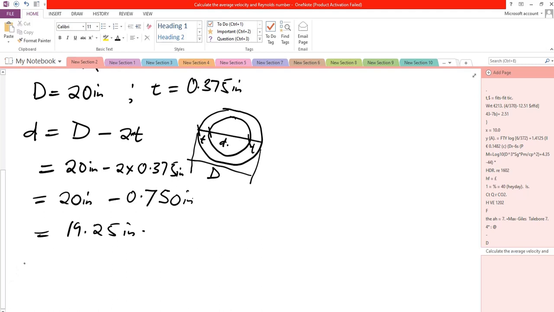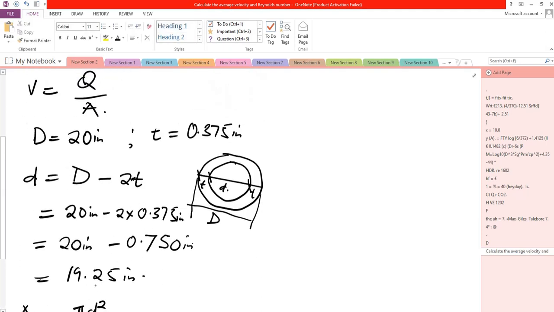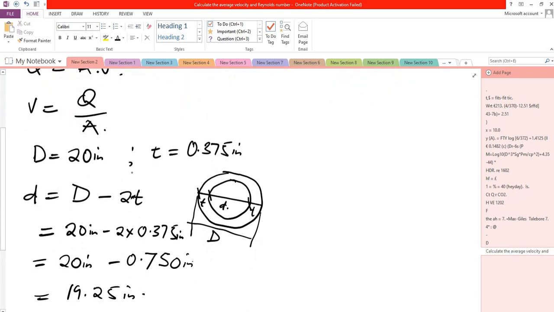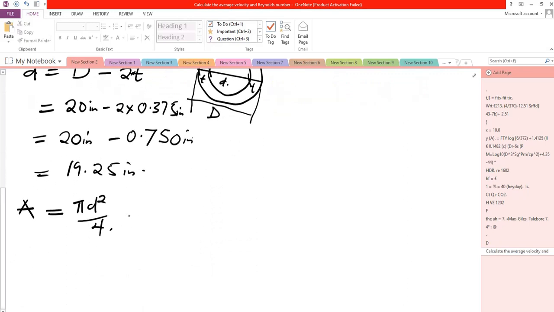Now to get the area, the flow area will be pi d square over 4. Let me call this equation 1, equation 2, and this equation 3.